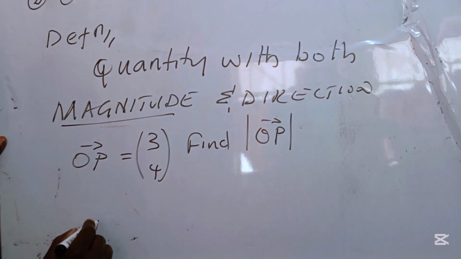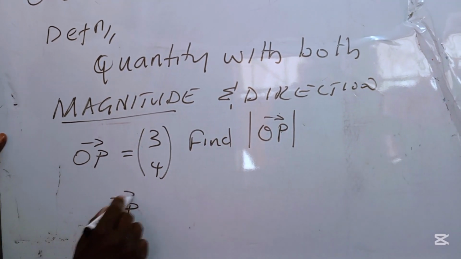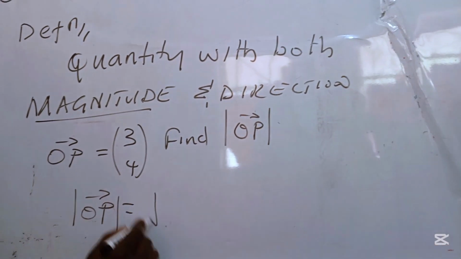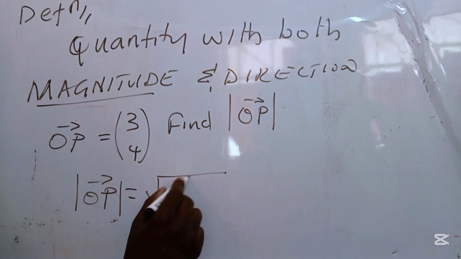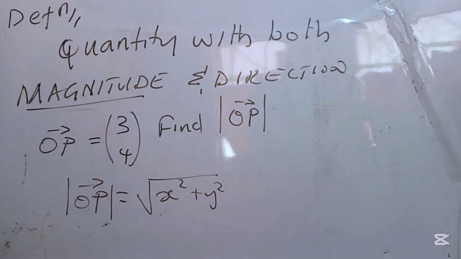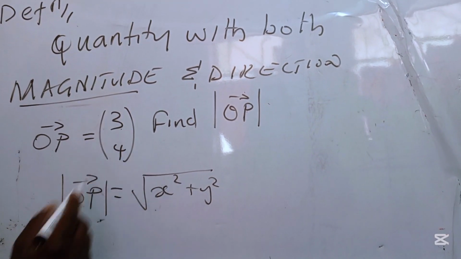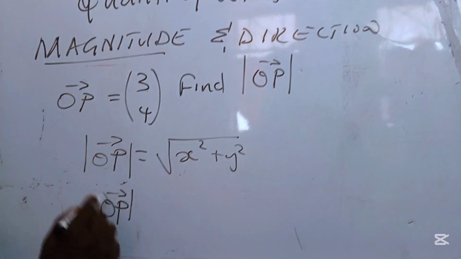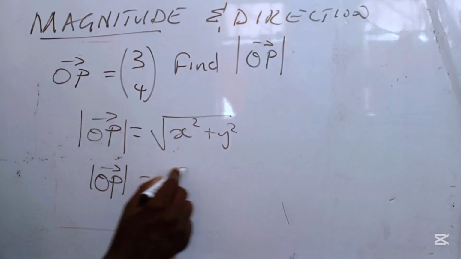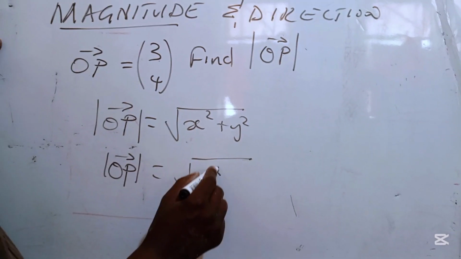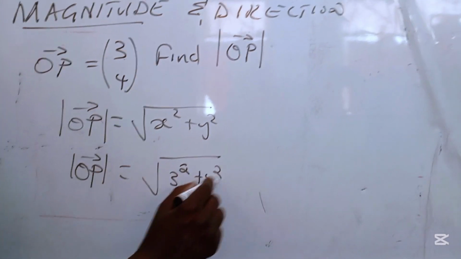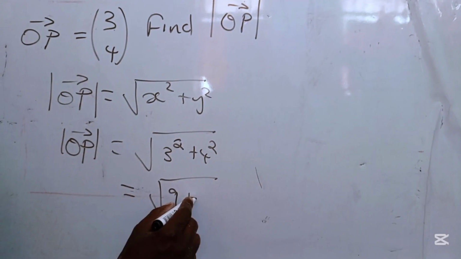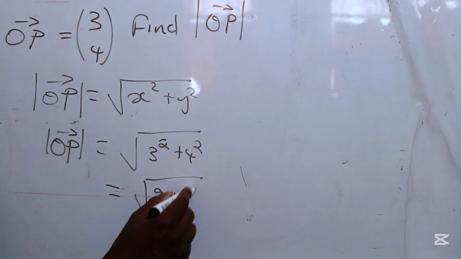To find the magnitude of the vector OP, mind you, it is always the square root of this squared plus that squared. You agree with me that this stands for x and this is for y. So the magnitude of vector OP is equal to the square root of 3 squared plus 4 squared, which is 9 plus 16.